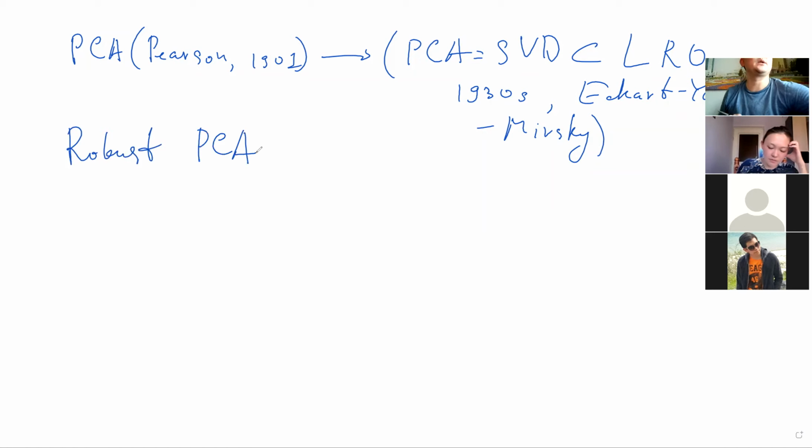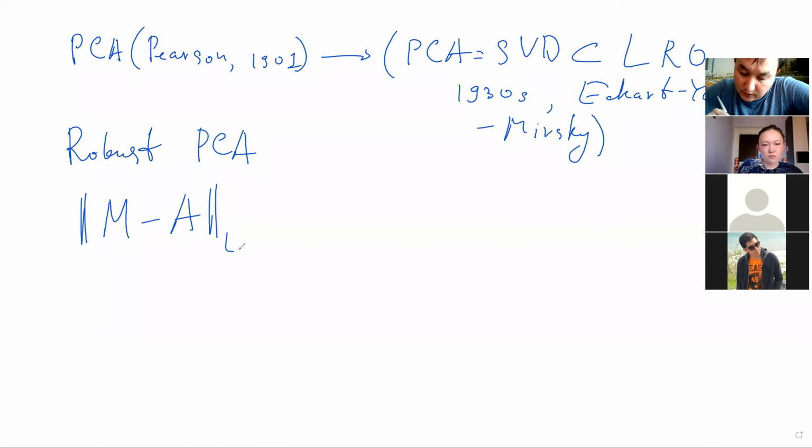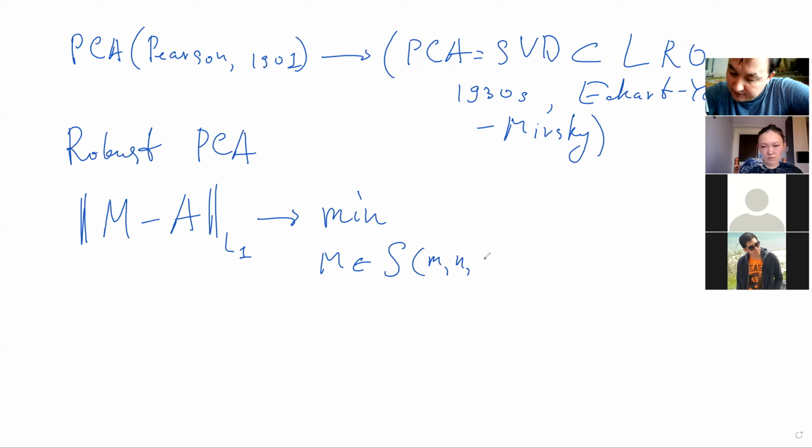When we are given some matrix and we are trying to approximate that matrix, but using a slightly different norm. So we are trying to minimize M minus A, but here we use the so-called L1 norm. So we are trying to minimize over M, where M is an m times n matrix with rank not greater than k.